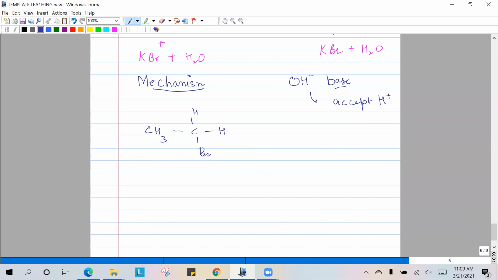So what happens over here is, if you have the OH minus ion from any source, KOH or NaOH, any source, we know that this is partially positive, this is partially negative. So what happens is the Br will take away its electron because it is more electronegative. So it will take away the electron from here.